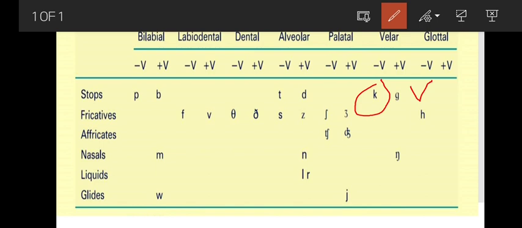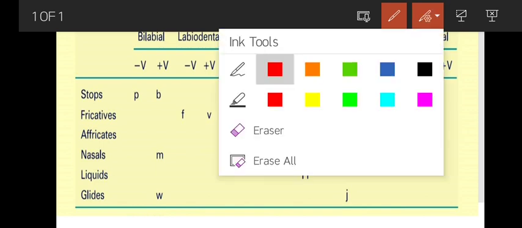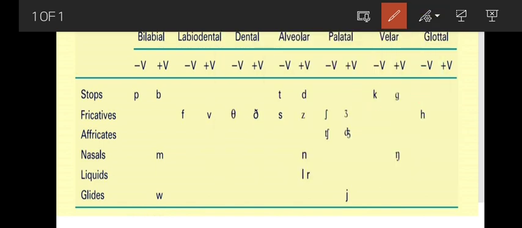So let's talk about the consonants from their place of articulation. Let's talk about bilabial sounds. Bilabial sounds are those sounds that are produced with the help of our upper and lower lip.